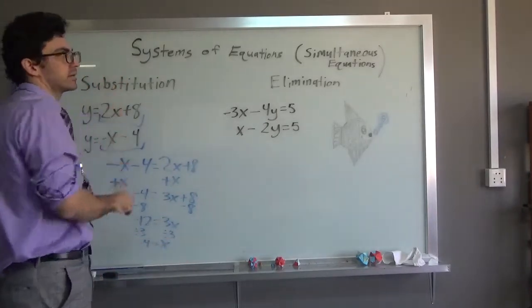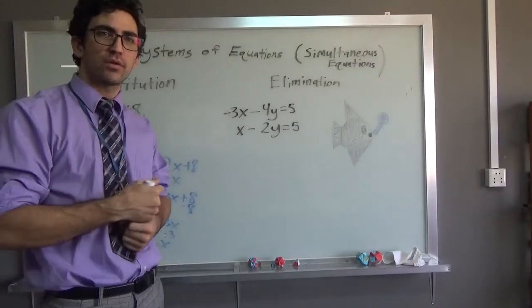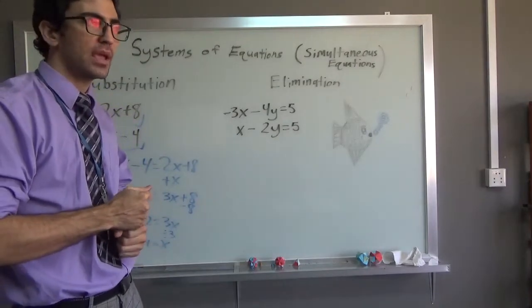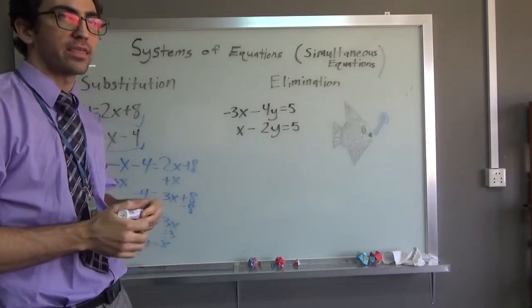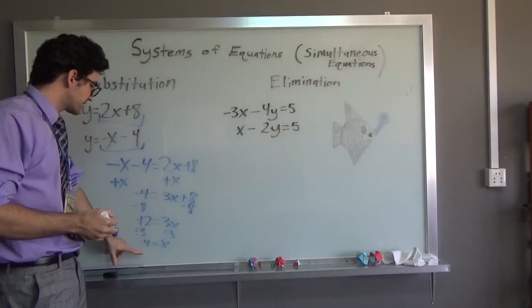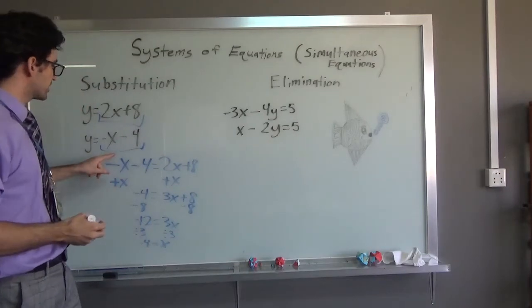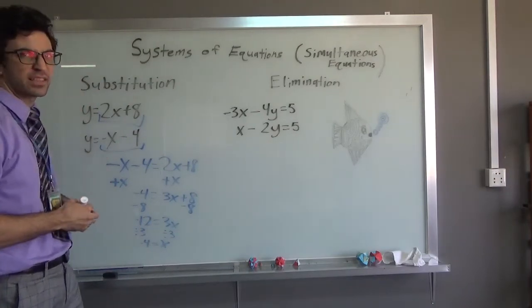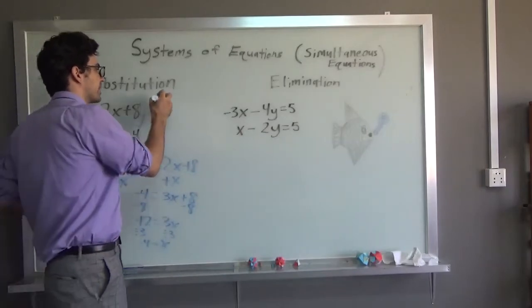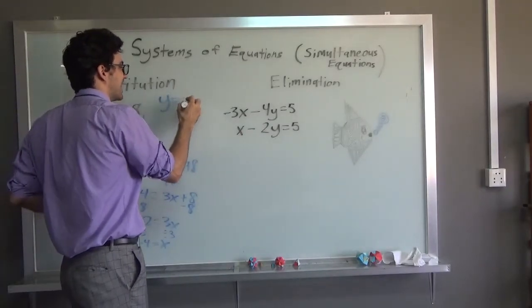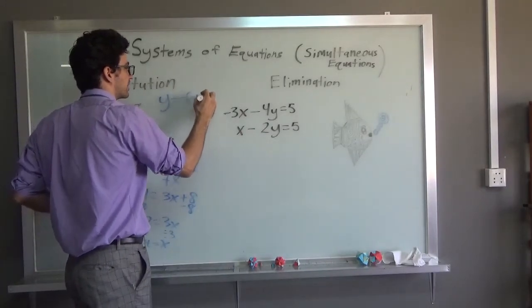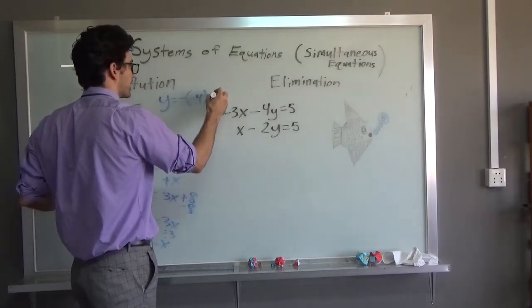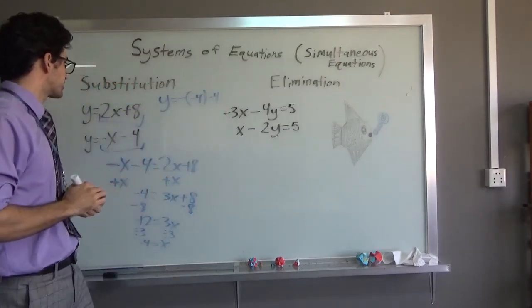Alright, now that we have solved for x, we will take that number and put it back into one of our equations and solve for y that way. We know x is negative 4. I'm going to look at our bottom equation, I feel like that will be easier. So we have y equals negative negative 4 minus 4. Interesting.